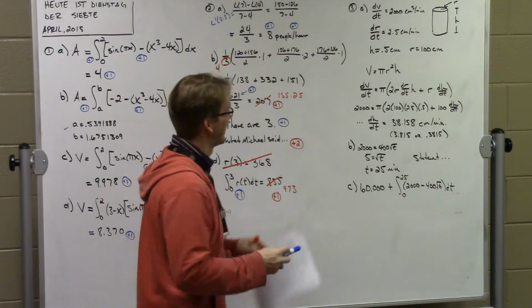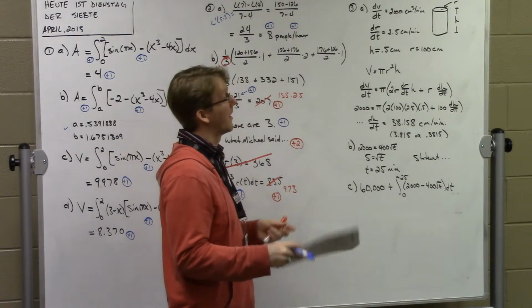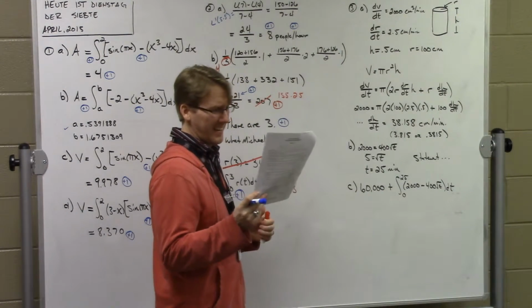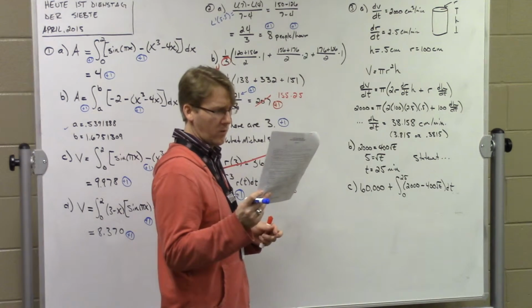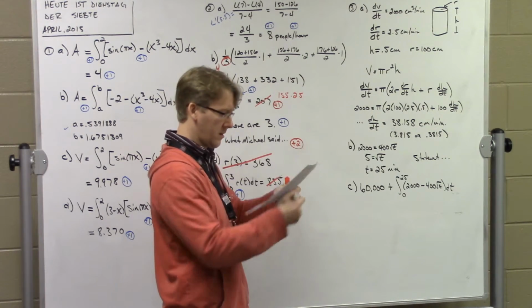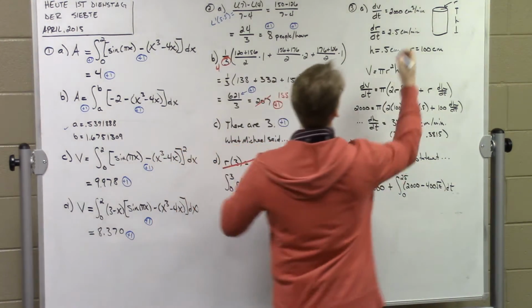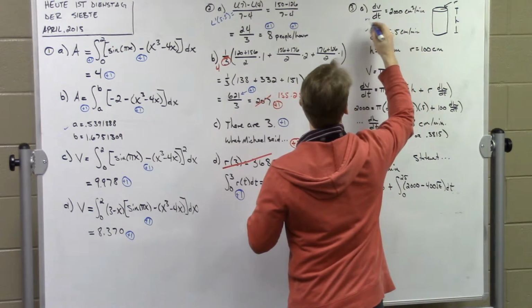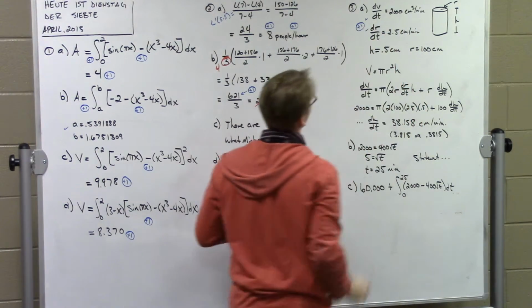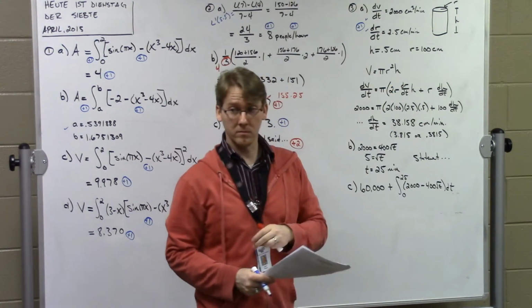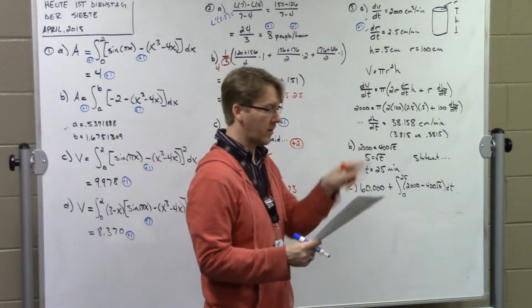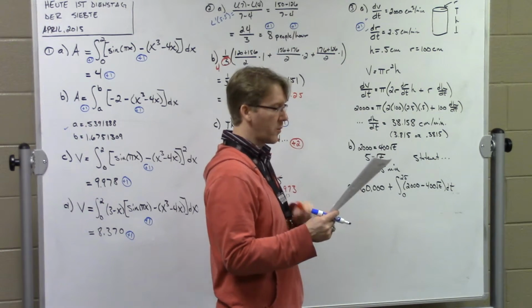All right, let's see how we did. Part A. You got 1 point for using this and this, so 1 point for using them in the problem, in the correct place. 2 points for the derivative.